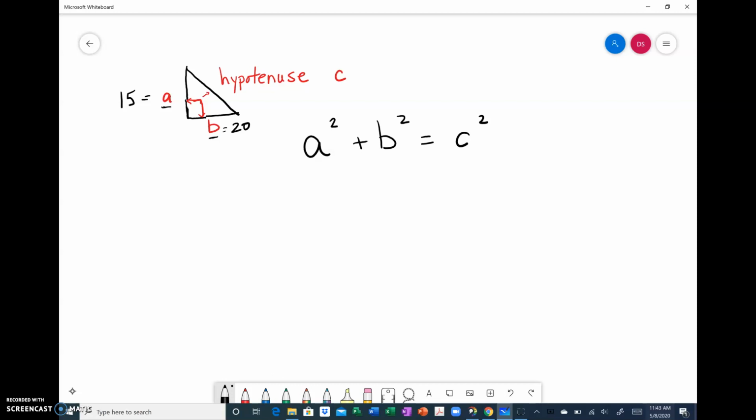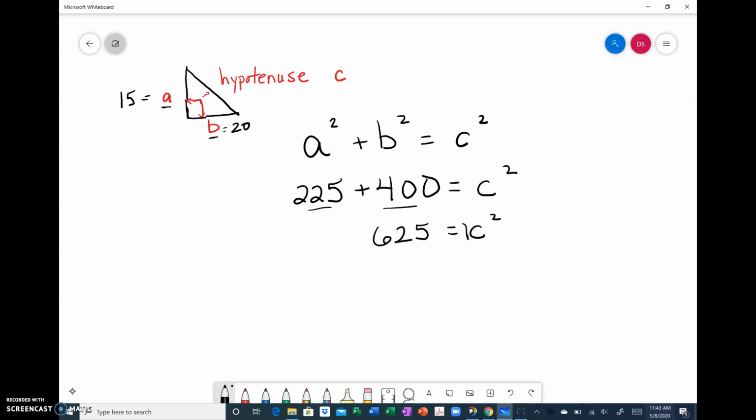So you just plug in what you know. 15 squared is 225 plus 20 squared, which is 400, will give you c squared. 225 plus 400 is 625. You can look again on your cheat sheet to see what the square root of 625 is, and you should see that it is 25. And that's how we use the Pythagorean theorem to solve for lengths of the sides of a right triangle.